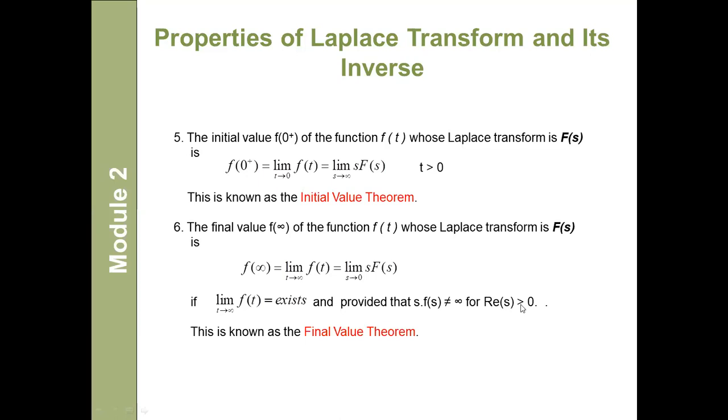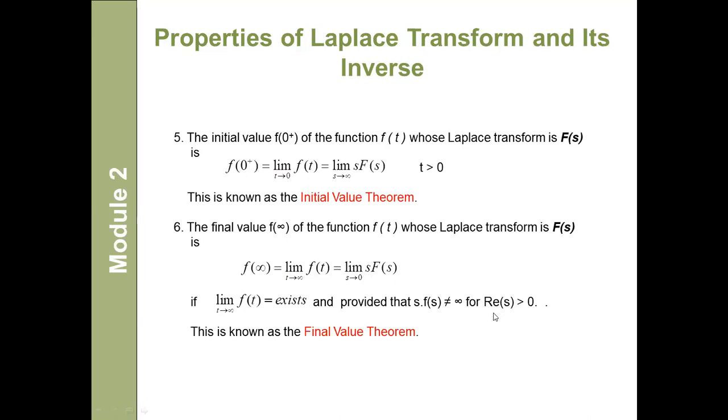What does this mean? Before you evaluate this, you check first if the value of s times the function of s will not be equal to infinity if you substitute any real value of s greater than 0. So you are not allowed to substitute a real value for s which is negative.